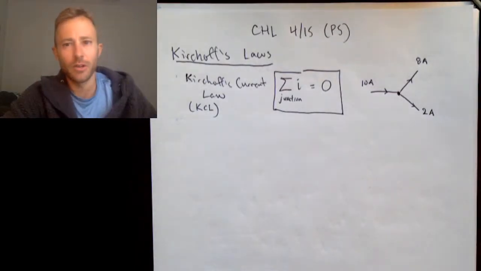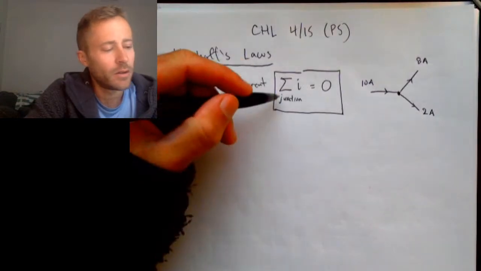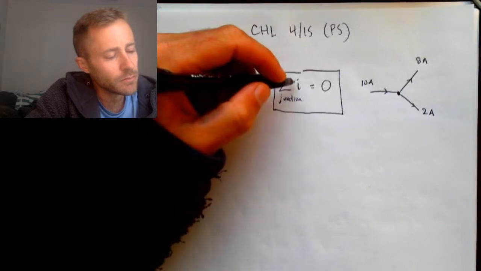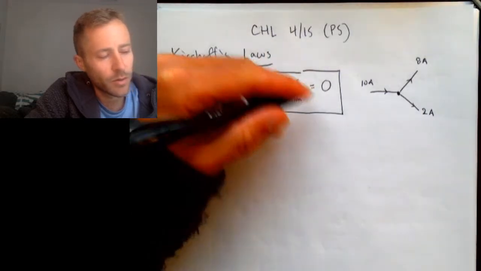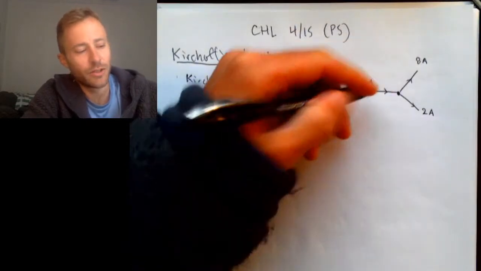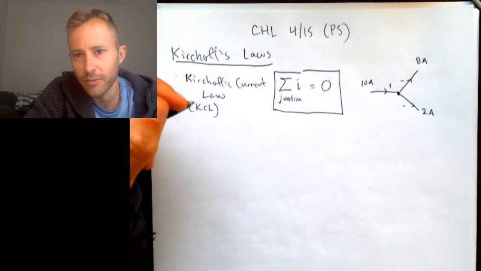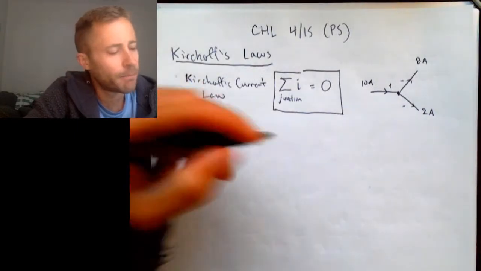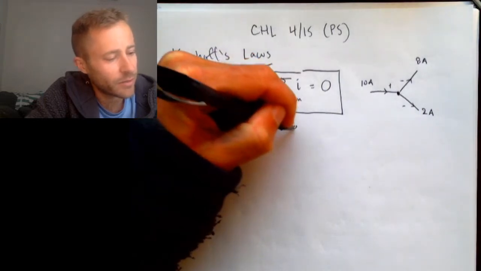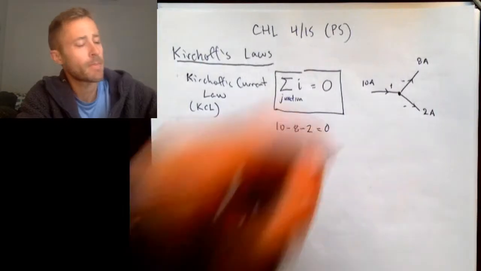To express this as a mathematical equation, you could say if the current is going into the junction, it's positive, and if it's going out, it's negative. So you would have 10 minus 8 minus 2 equals 0.